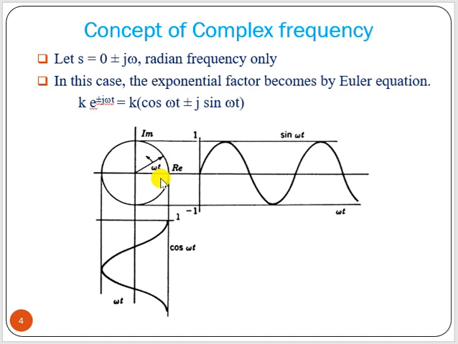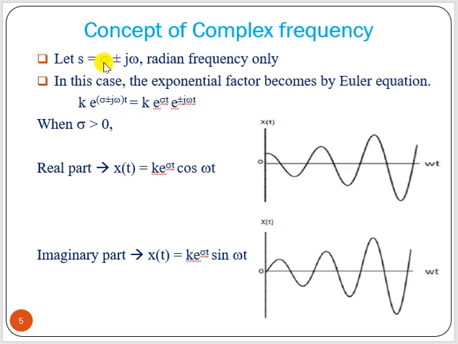The real part starts at a value of 1, and this curve is the cosine curve, which starts from 1, since cosine 0 is 1 when the angle is 0. When the angle is 0, the imaginary part is also 0, so it starts from here and goes on. So this is your cosine term and this is your sine term, according to the phasor diagram of this particular signal.